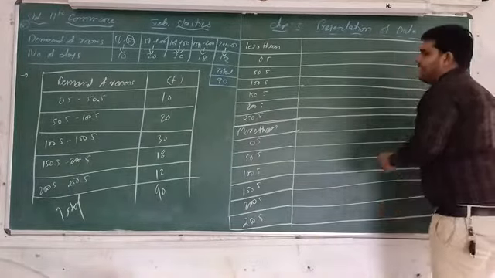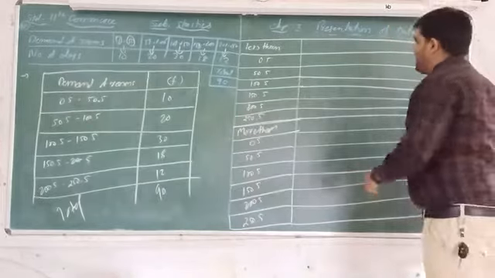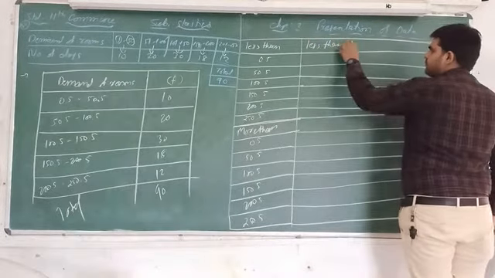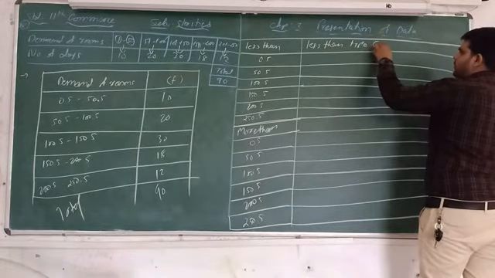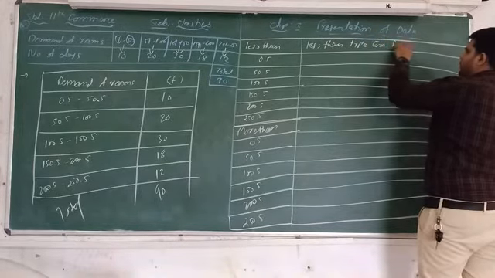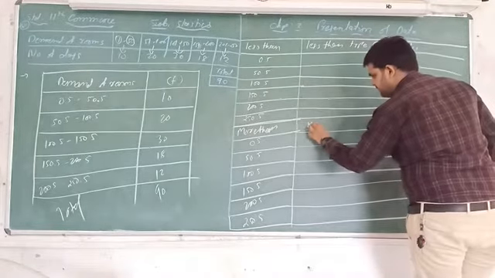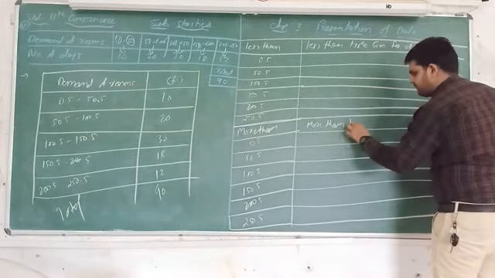Okay, and here what we have to find out? Less than type or more than type cumulative frequency distribution.